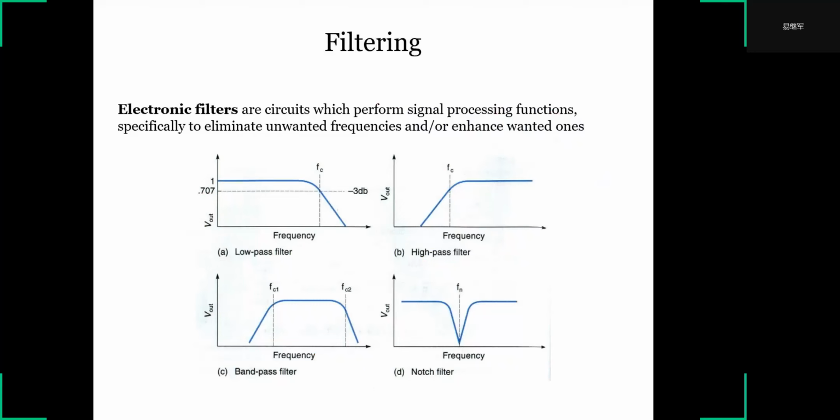Filtering. Electronic filters are circuits which perform signal processing functions, specifically to eliminate unwanted frequency and or enhance wanted frequency.